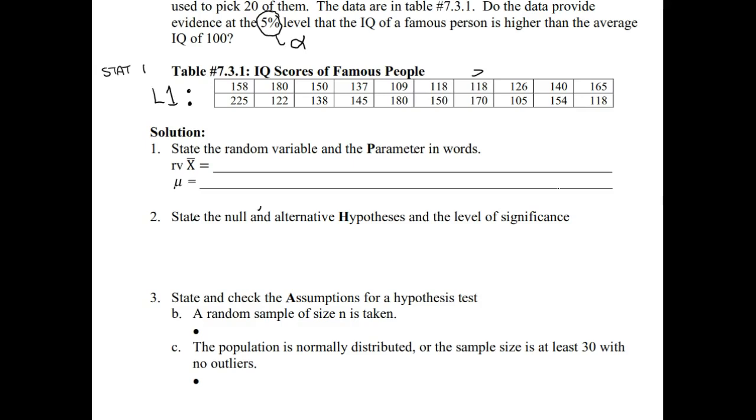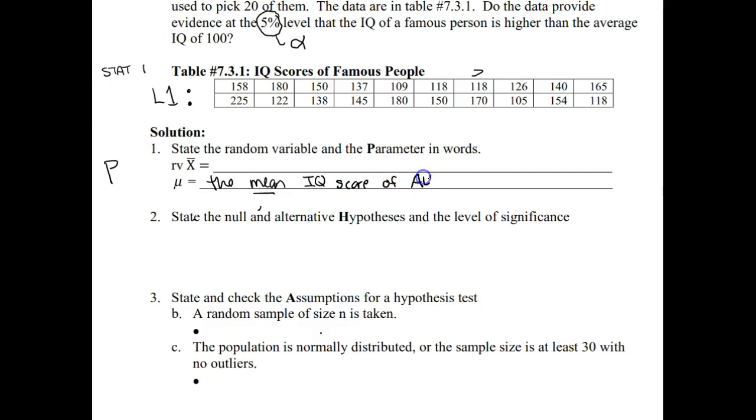So P stands for parameter. We're dealing with quantitative data, and there are lots of parameters for quantitative data, but for this intro course, it's going to be the mean. So for quantitative data, our parameter is going to be mu. So this is going to be the mean. And then the variable we looked at here was IQ score.